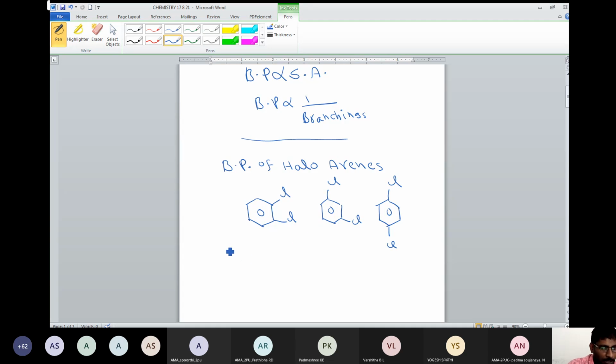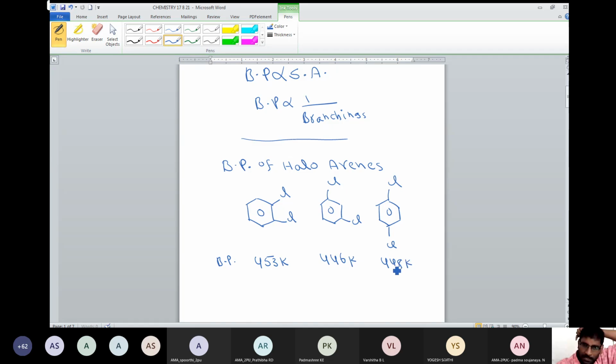When observing the boiling point of orthodichlorobenzene, it will be nearly 453 Kelvin, whereas metadichlorobenzene will be 446 Kelvin, and para will be 448 Kelvin.